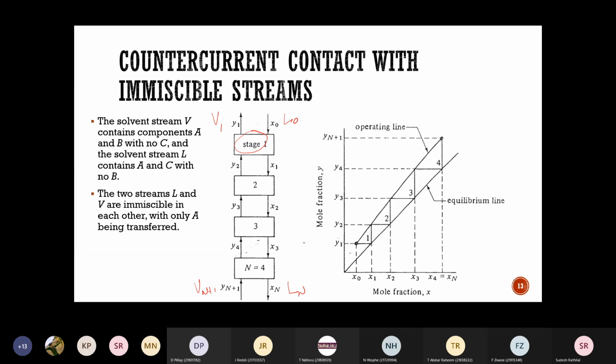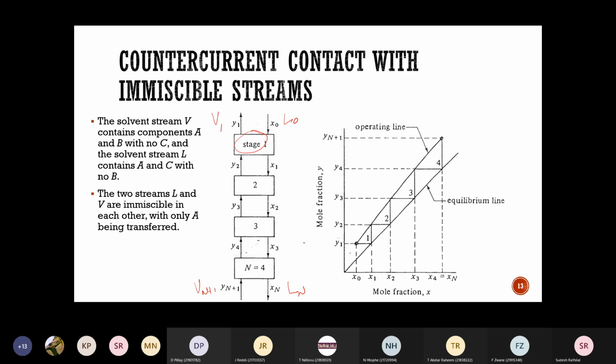As it is leaving stage 1, its flow rate may change because some of the solute is moving, from the gaseous phase to the liquid phase, or the other way around, doesn't matter. So it's coming in with 20, it is going out with 21 moles per hour.